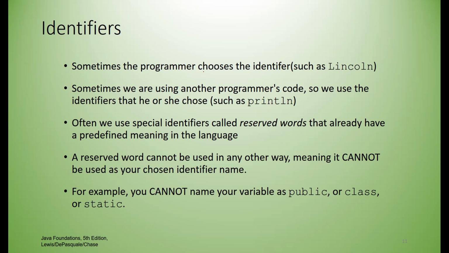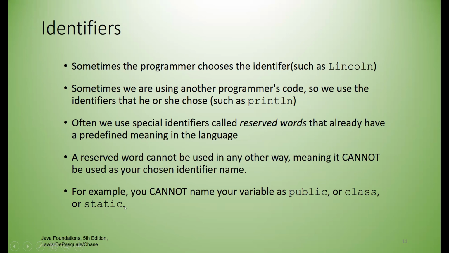They developed the Java language and they chose those names. Often we use special identifiers called reserved words that already have a predefined meaning in the language. A reserved word cannot be used in any other way, meaning it cannot be used as your chosen identifier name. For example, you cannot name your variable public, class, or static.